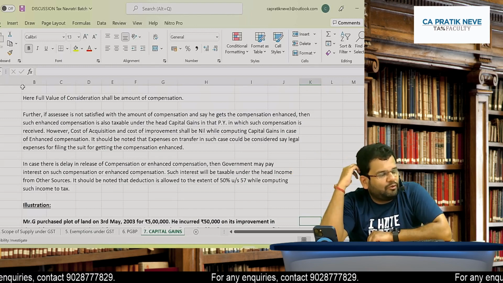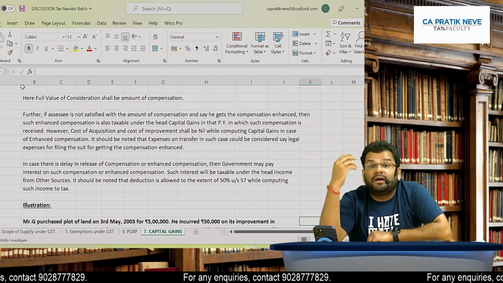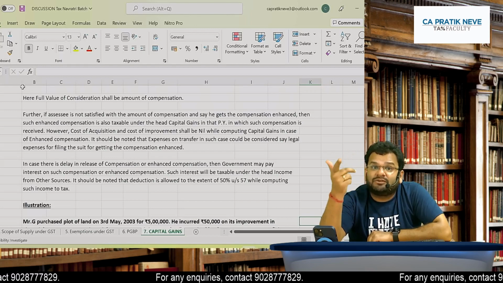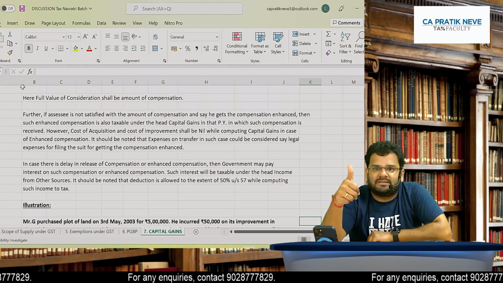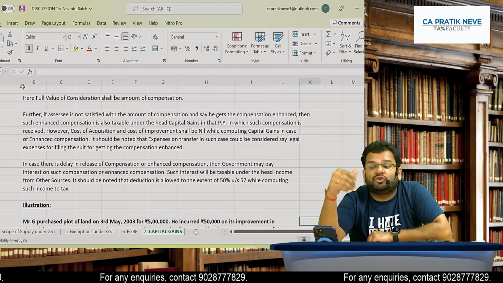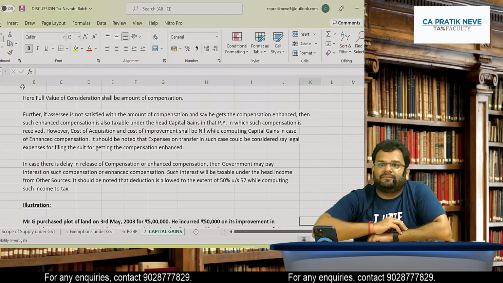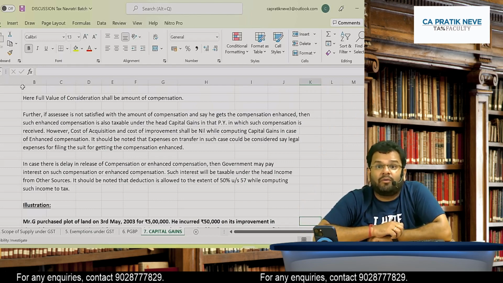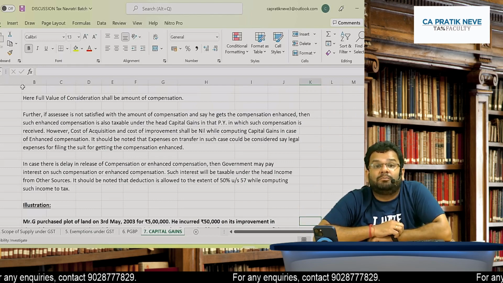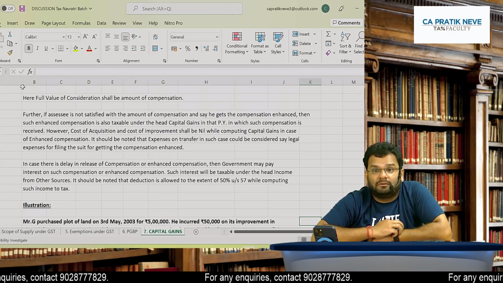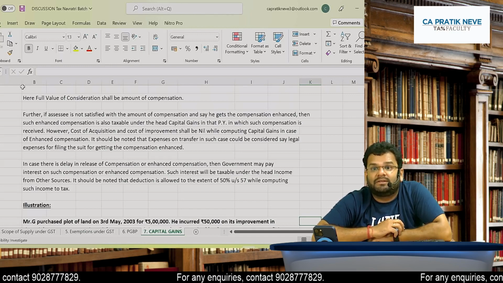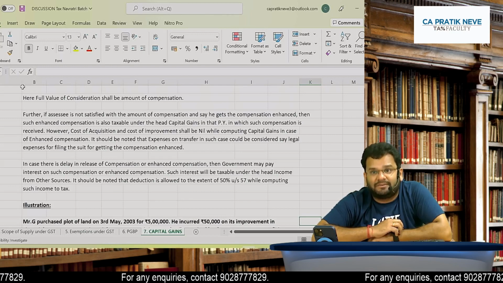One or two more things I would like to tell you. Could there be expenses on transfer in this case? Yes, the legal expense which you pay to get your compensation increased. Second, because government paid you late the compensation amount slash enhanced compensation amount, government will pay you interest.